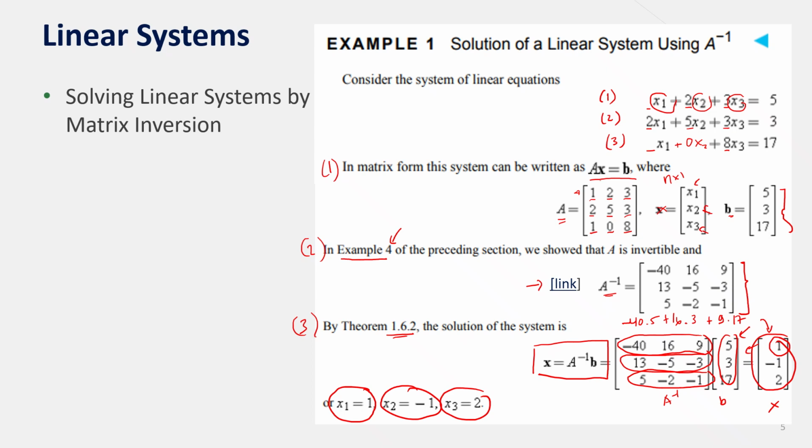So later on, if you input these values into the original linear equations, for example, here you put 1 plus 2 multiplied by minus 1 plus 3 multiplied by 2, it will be equal to 5. Okay. Yeah, so basically, that's the way you solve a linear system with matrix inversion.